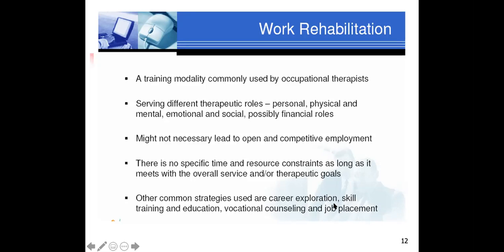Career exploration is when you explore a stable career that suits their current ability. For example, a policeman who suffers a spinal cord injury from a motor vehicle accident.